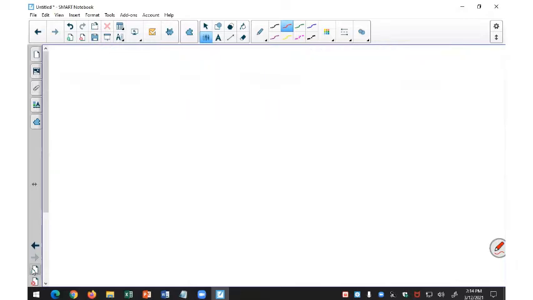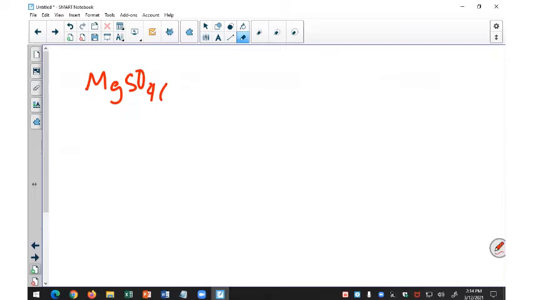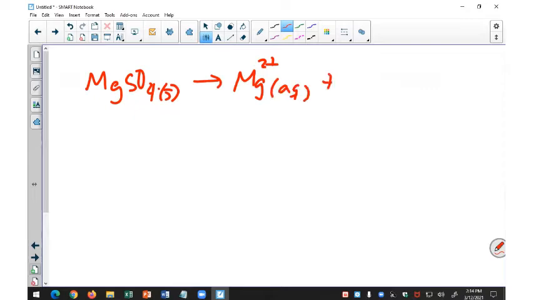So let me rewrite that. If I want magnesium sulfate solid gives me magnesium ions aqueous plus sulfate ions aqueous.